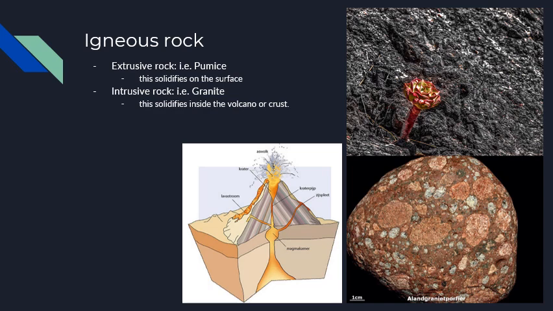And you can divide the igneous rock into two separate forms. First, we do have the extrusive rock, which means that it was solidified on the surface. A form of this rock is pumice, as you see on the top right. And we do have intrusive rock, which is, for example, granite, which is on the right. And this solidifies inside the volcano or the crust of our planet.